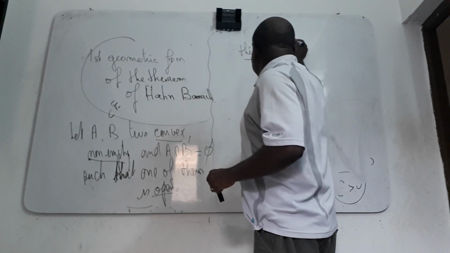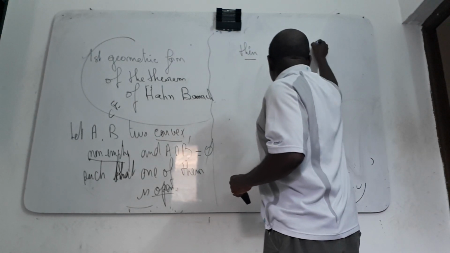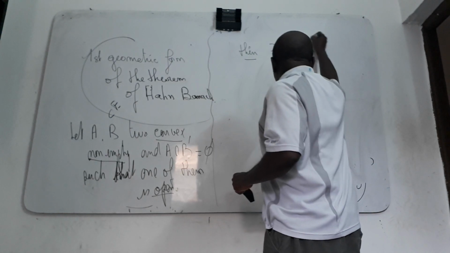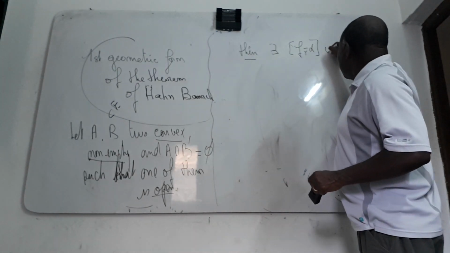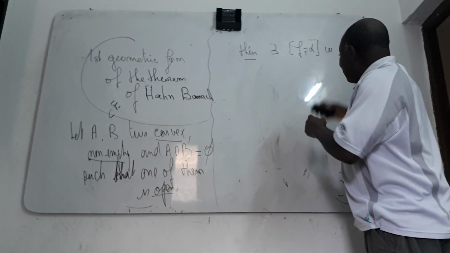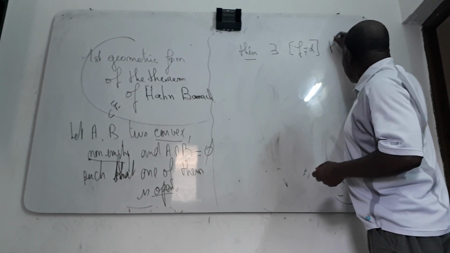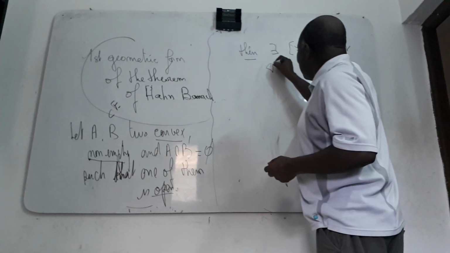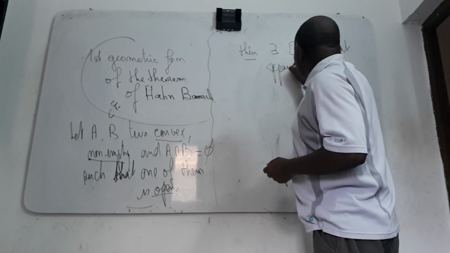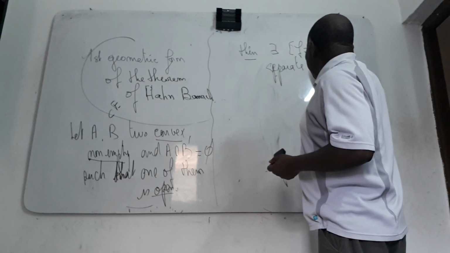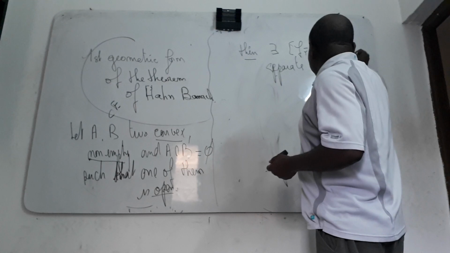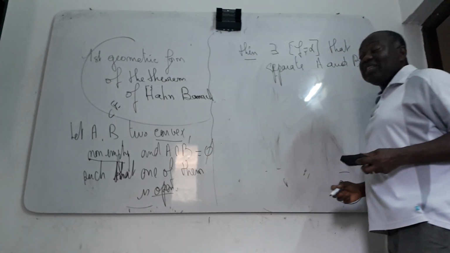Then there exists a hyperplane like this, which separates A and B, not necessarily strictly.